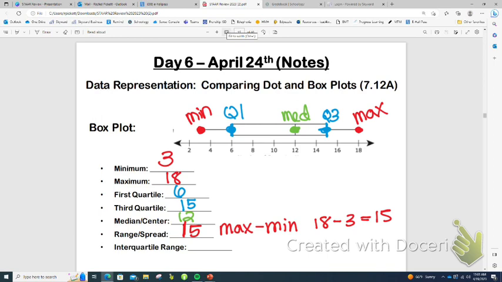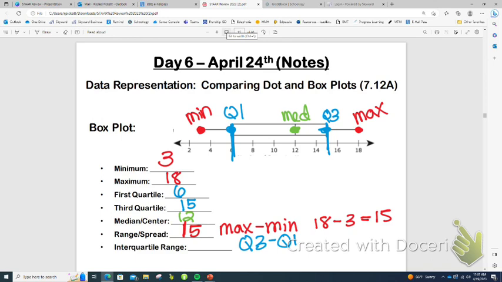The interquartile range sounds complicated, but it's the same process. It's just that we're only looking at the box. So the interquartile range is how big the box is. So we're going to do Q3 minus Q1, where the box ends minus where the box starts.